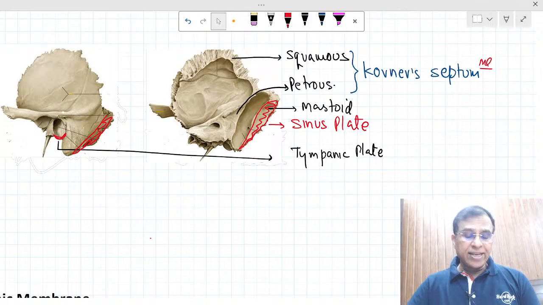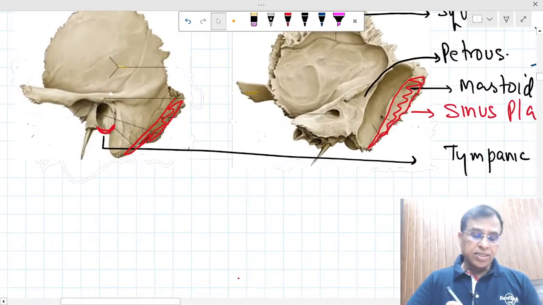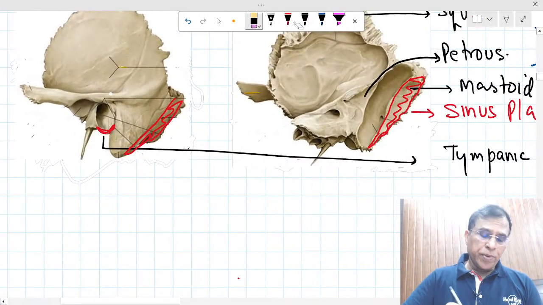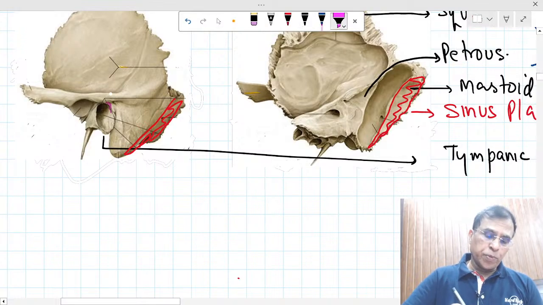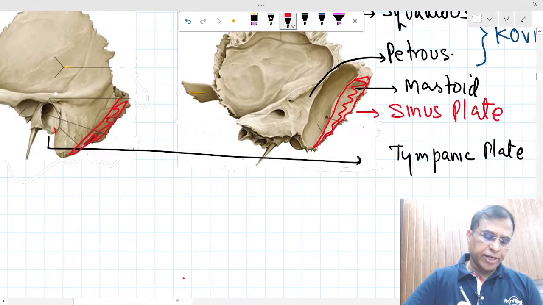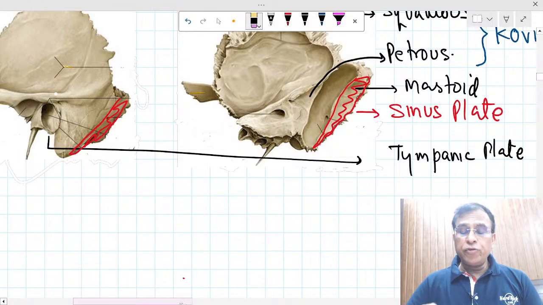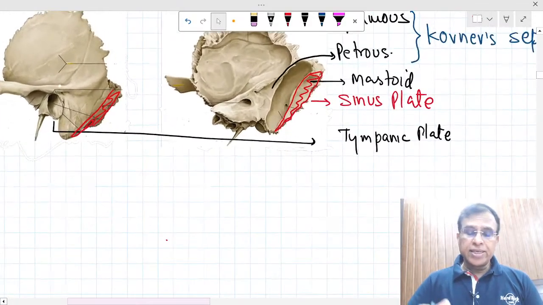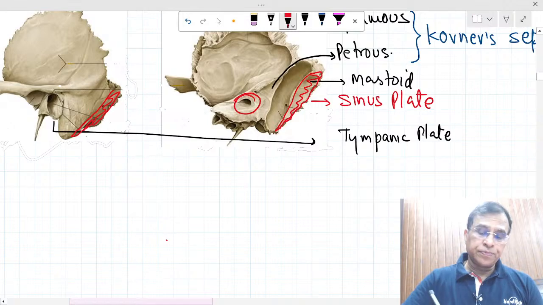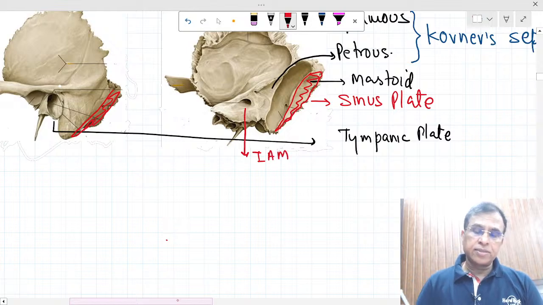And like in the first example, this opening that I told you about is the external auditory meatus. This is the external auditory canal, the bony canal; the cartilage part has been removed. If you look at the second image, there is another canal in the petrous bone here, and this canal, which is inside, is the internal auditory meatus.